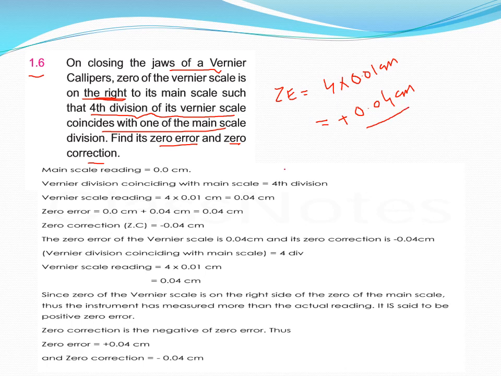So zero correction is what you subtract from whatever value is measured. That's why this is the zero correction. So this is the zero error and this is the zero correction.